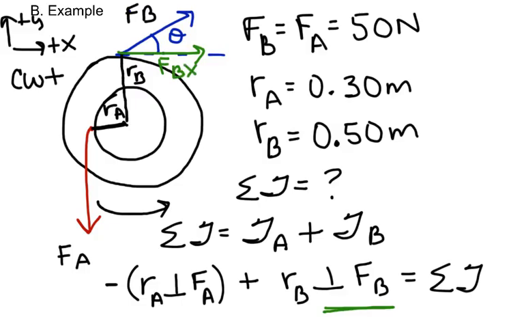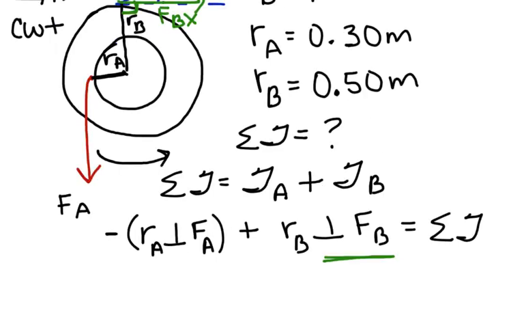This is the component of F sub B that is perpendicular to R sub B. That is what I'm going to use in the formula. Using a little bit of trig, hopefully we can figure out what F sub Bx is.